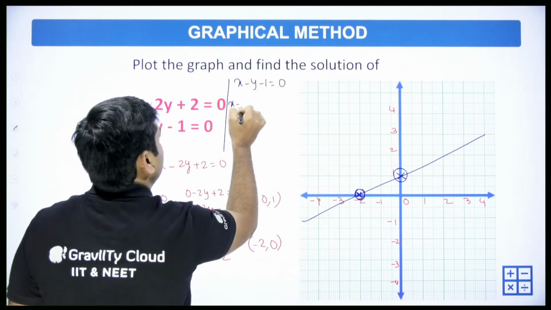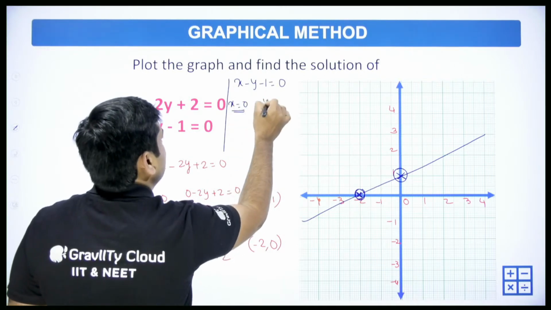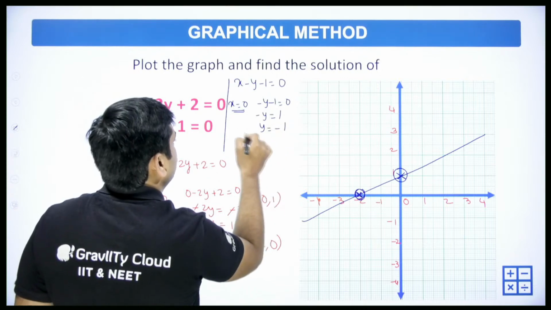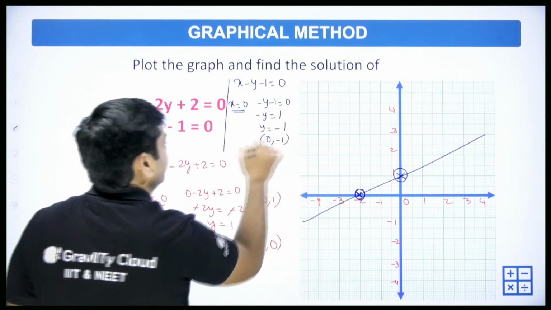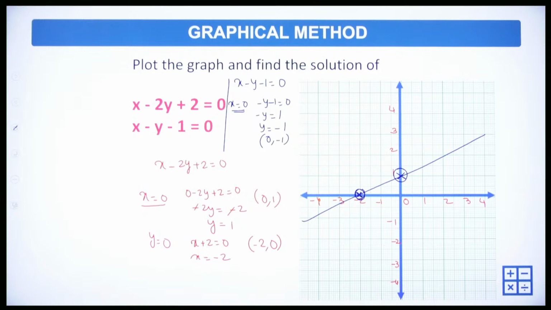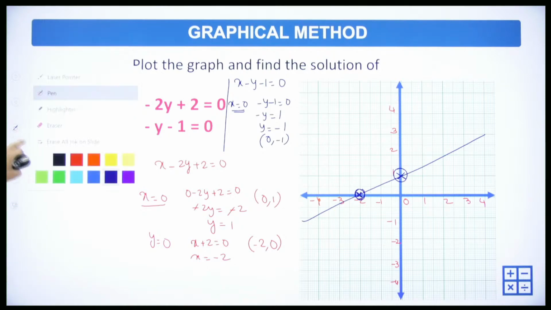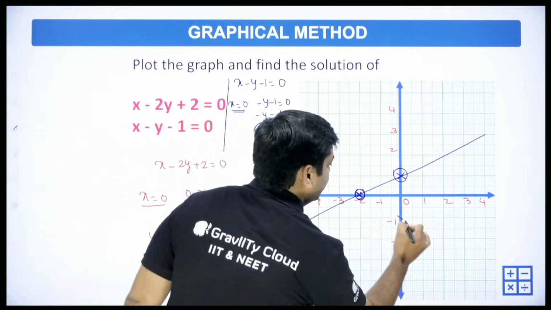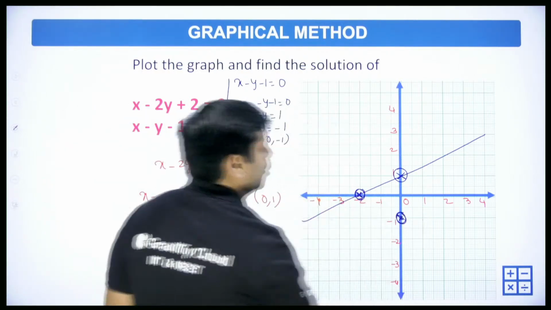If x is equal to 0, we get minus y minus 1 equal to 0, minus y equal to 1, y is equal to minus 1. So one point is (0, minus 1). Where is (0, minus 1)? It is this point.